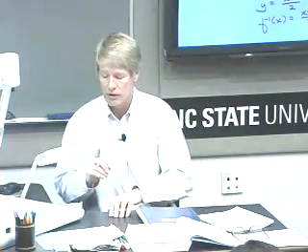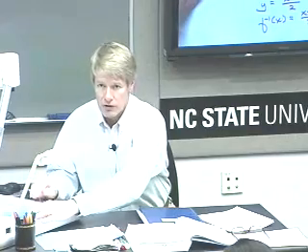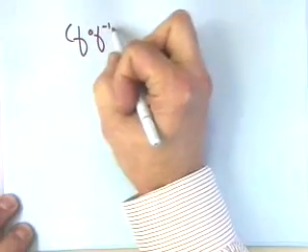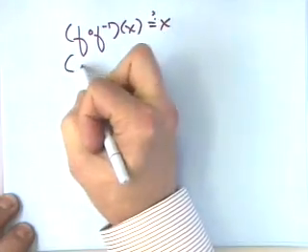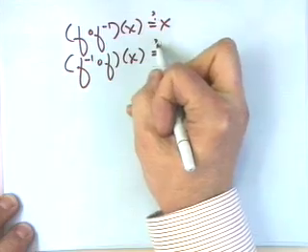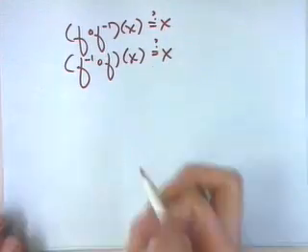I said we'd do this, so let's do this with this example. Since we just took the function and found its inverse, let's see if we can compose them in this direction and also this direction and get x.